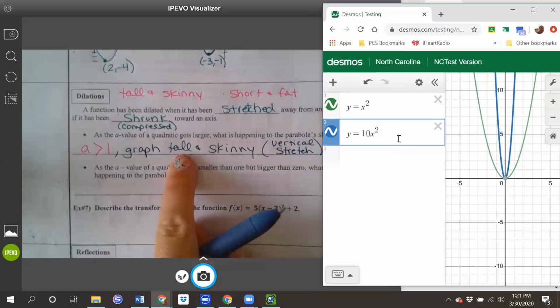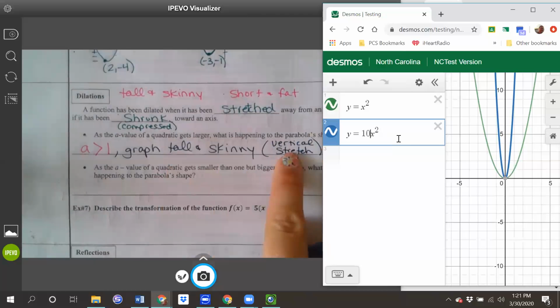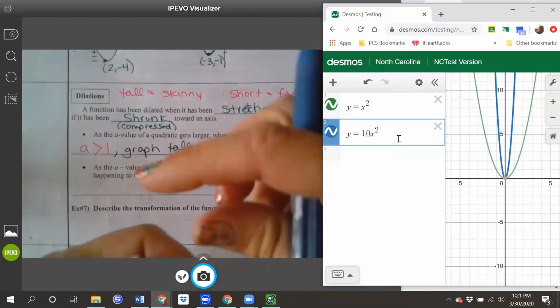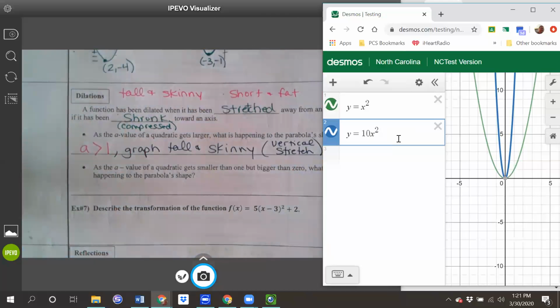Right? If it's getting tall and more narrow or skinny, that means that it's being stretched like this. If you were to take a gummy bear in your hand and stretch it, okay, vertically, it would just get really tall and skinny.